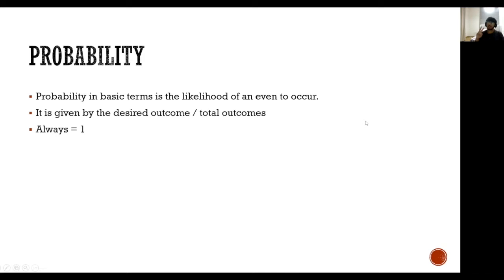So there's one desired outcome, and there's two outcomes that can happen, right? You can either get heads or tails. Therefore, the probability of getting heads or tails, considering the coin is not biased, is 1 upon 2. And we should always keep into consideration that when you add up the sum of all outcomes, that is equal to 1. It's always equal to 1.